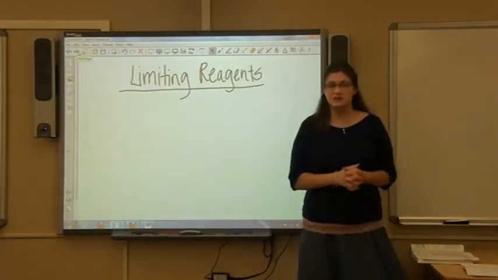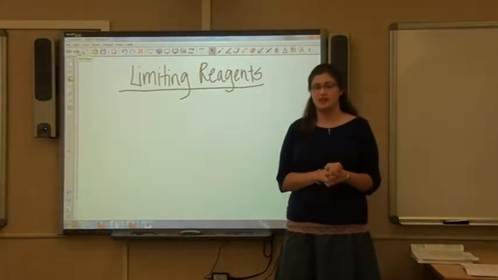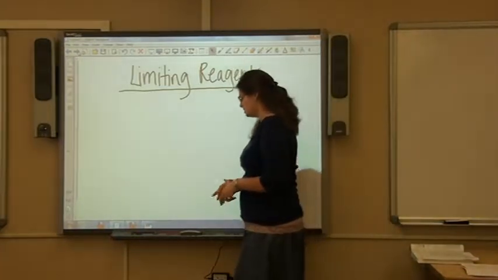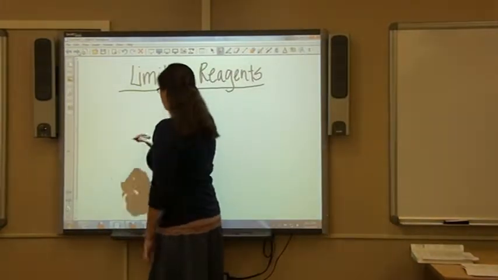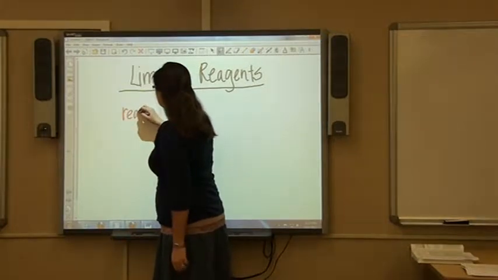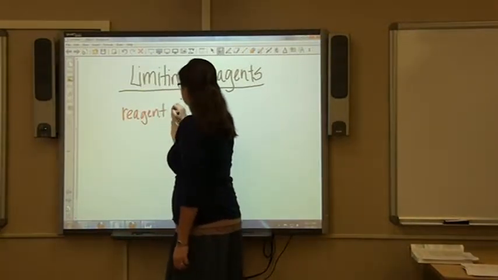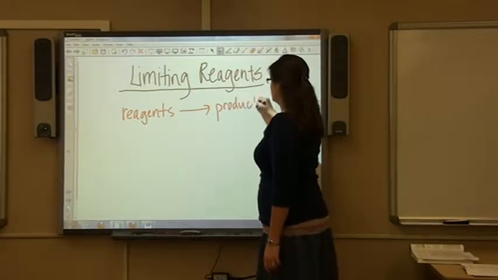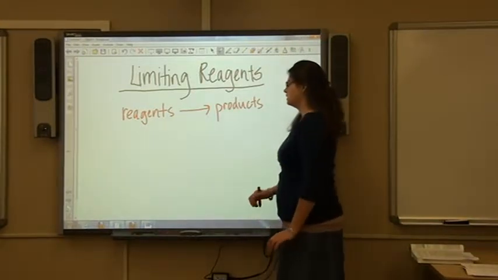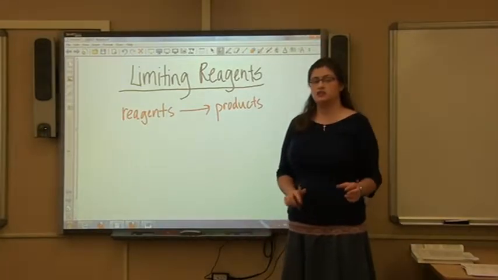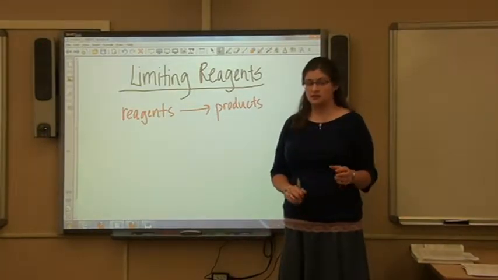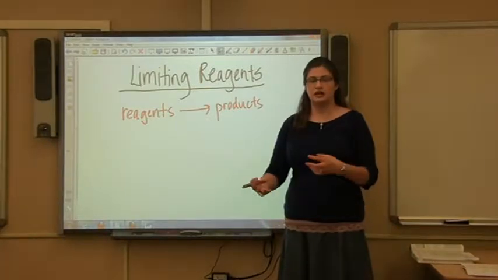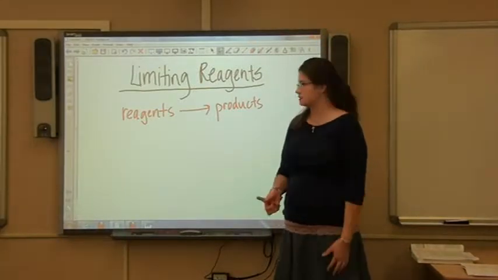Okay, today we're going to be talking about the limiting reagent concept. So in the whole topic of limiting reagents, we need to review the general form of the chemical equation. On our last lecture, we talked about the equation as starting with reactants that undergo a reaction and then produce products.